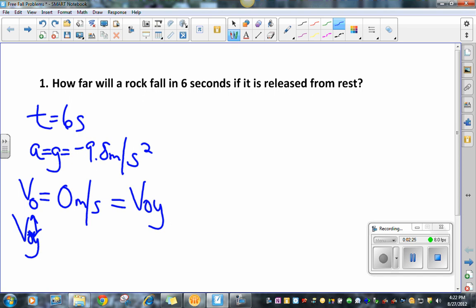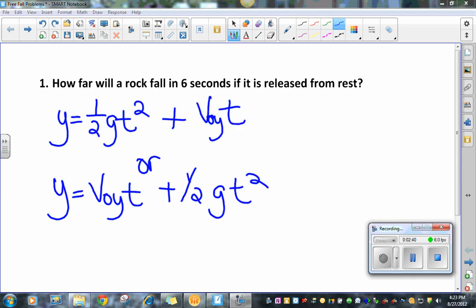And what are we trying to find? We want to know how far it's going to fall. So we're trying to find its vertical displacement. That's what we don't know. Look at your formula sheet and try to determine which formula we should use to solve this problem. All right, if you look at the formula sheet, you probably have y is equal to 1/2 g t squared plus v naught y t.